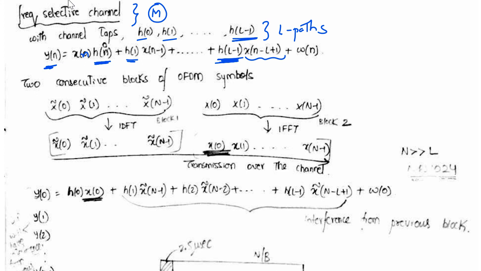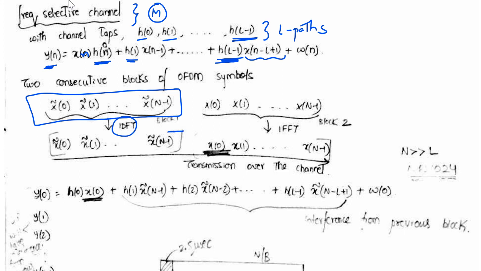When I spoke about the design of the OFDM system, after performing the IFFT we will have N samples. Let's say we take N samples in the frequency domain and perform an IDFT on that.